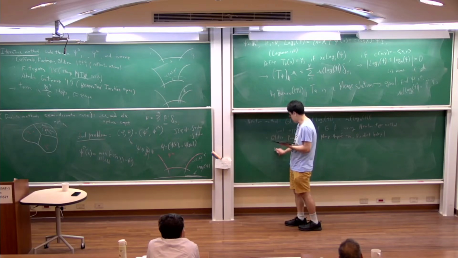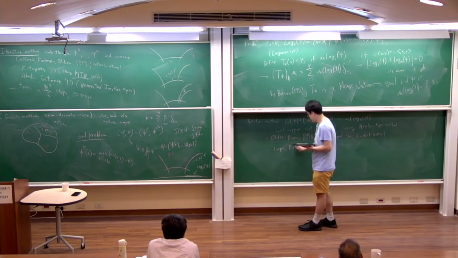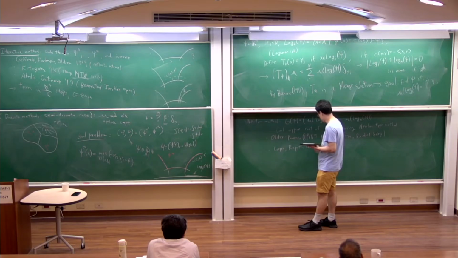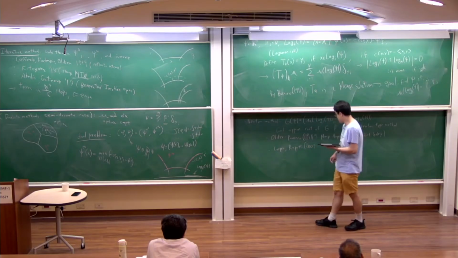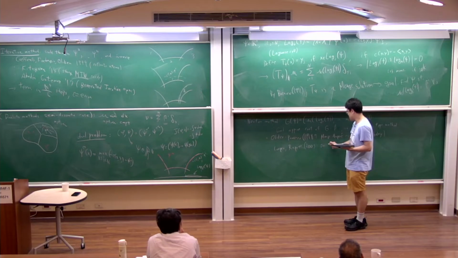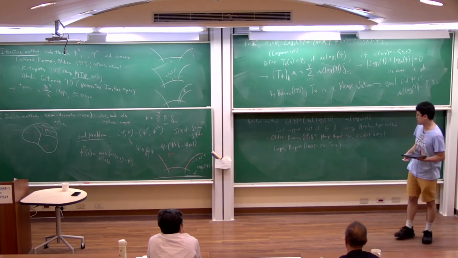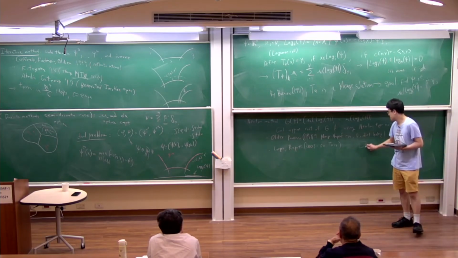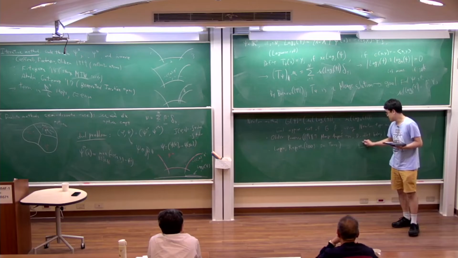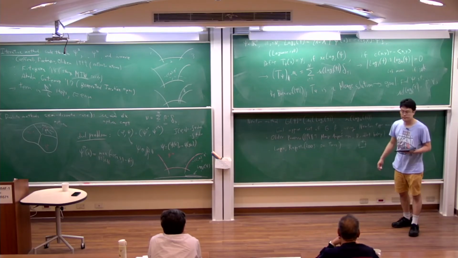And there's a result by Loeper and Rapetti. That's 2005. So this is for optimal transport on the torus. So they do something that really uses the periodic structure here in a very important way.